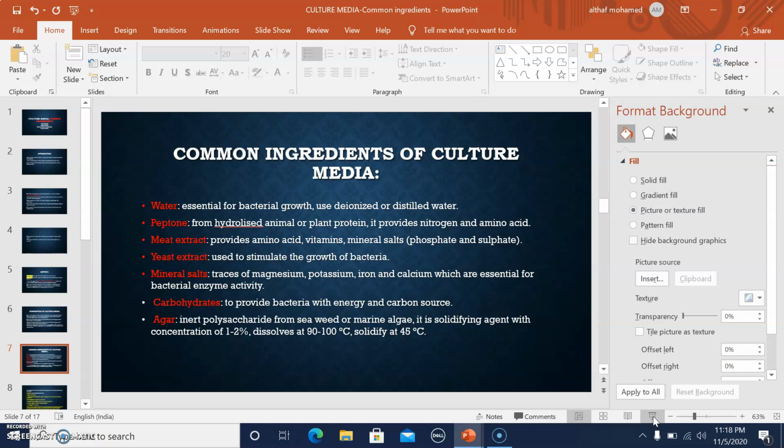Yeast extract is used to stimulate the growth of bacteria. Next, mineral salts.